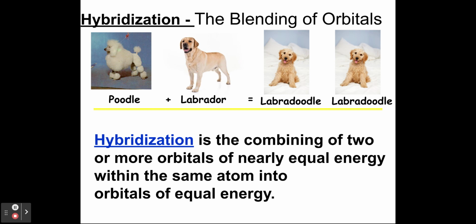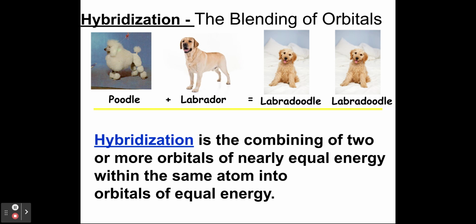Just like if you mate two dogs together, like a poodle and a Labrador, when you blend those together, you'll get what is called a Labradoodle, right? So you get something from both of them that has similar characteristics of both. That's kind of like the hybridization of the orbitals. It's analogous, not exactly what's going on, but it's a good analogy.